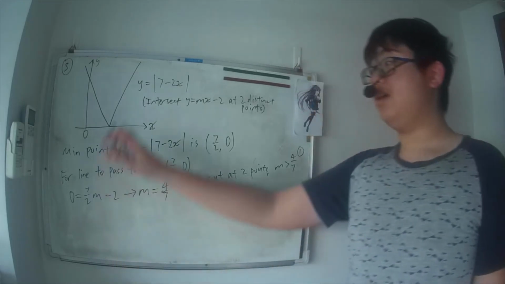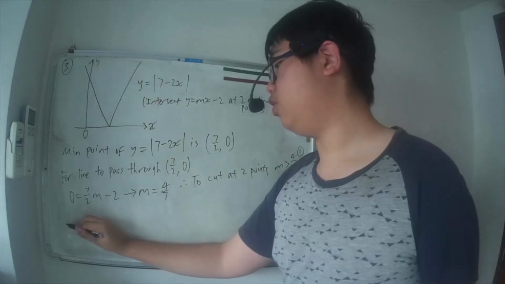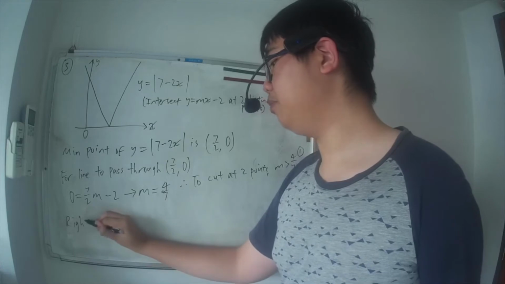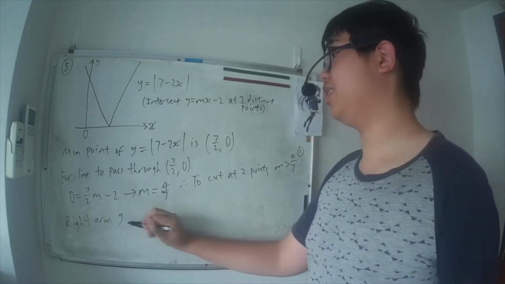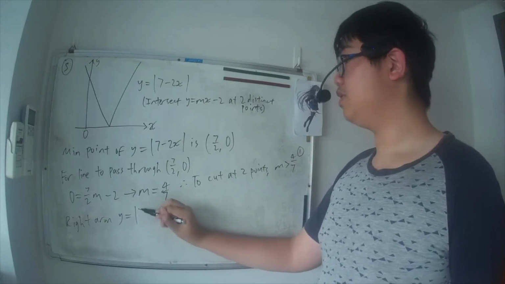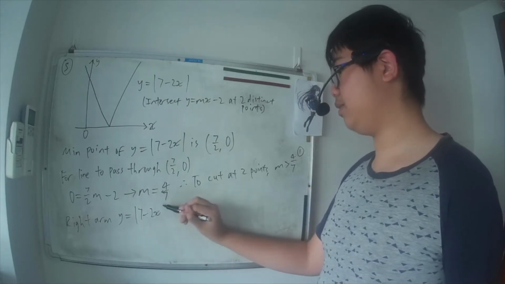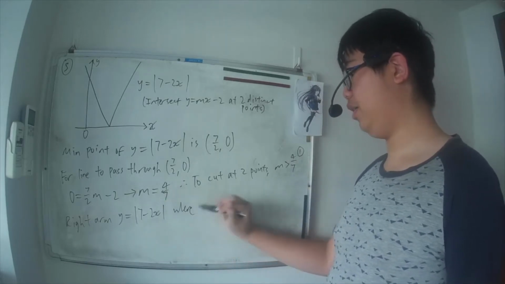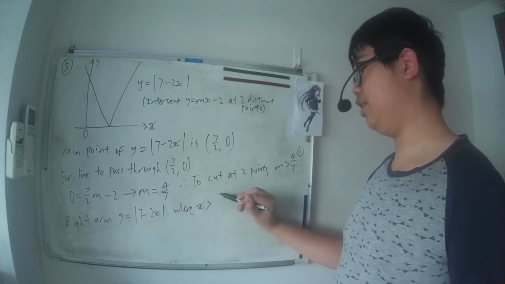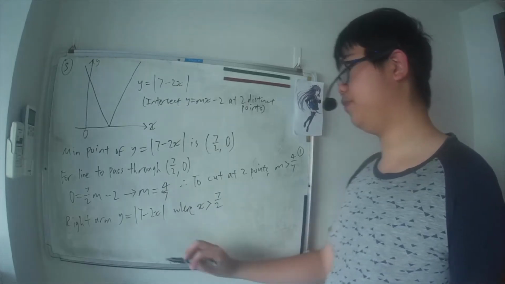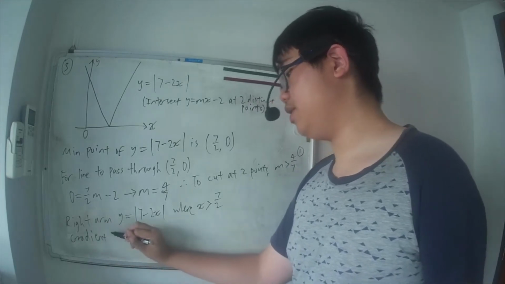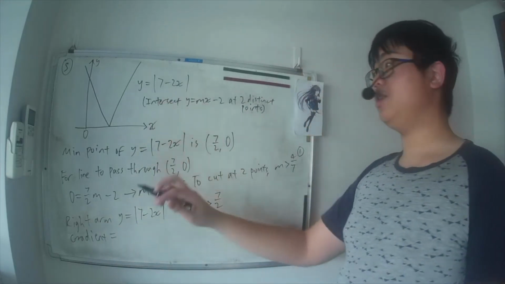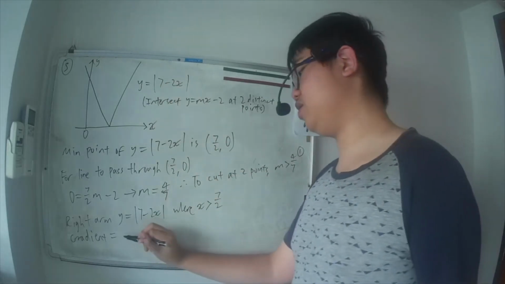Okay, and then also the right arm, they describe it as arm inside the specimen marking scheme as well. 7 minus 2x, where x is greater than 7/2, the gradient is equal to, this is modulus, so although this is a negative, this becomes positive 2.